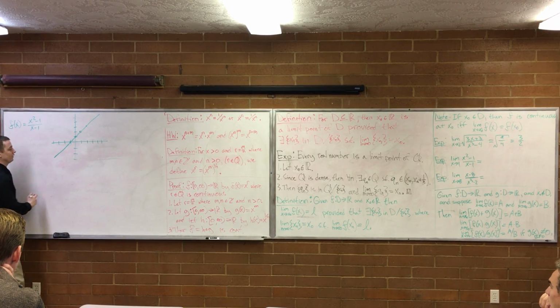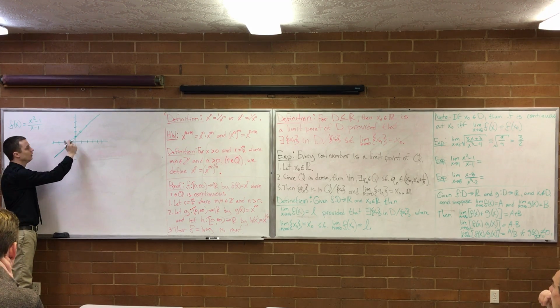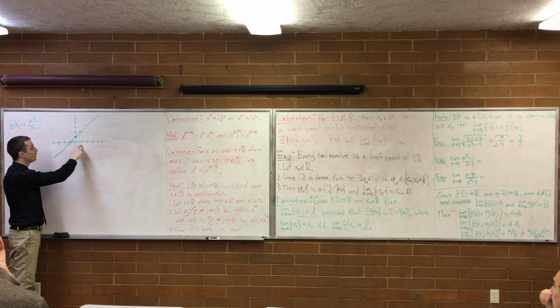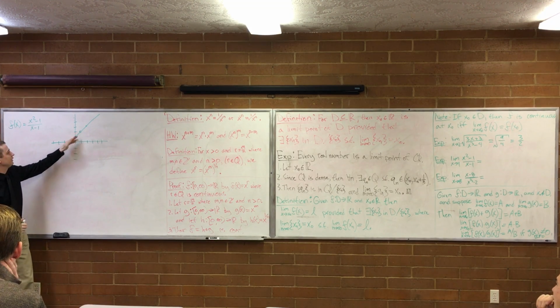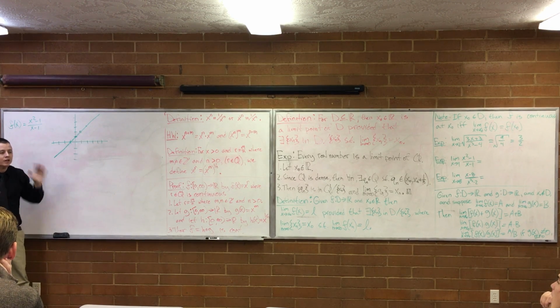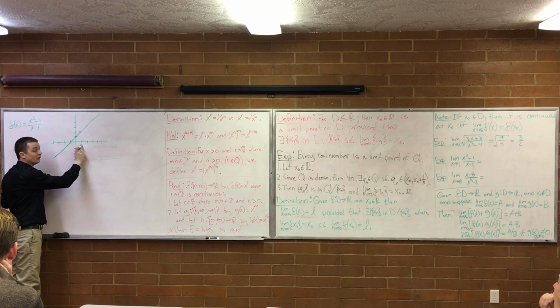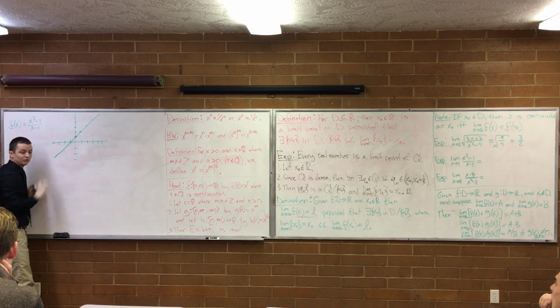If I ask you what's the value of the function at 0, what is it? 1. What's the value of the function at 1? Nothing. It's not defined at 1. But you see how this whole thing is approaching a particular value and this whole thing is approaching a particular value? Limits enable us to handle this picture. So even though the function at 1 isn't 2, the limit of the function at 1 is 2.